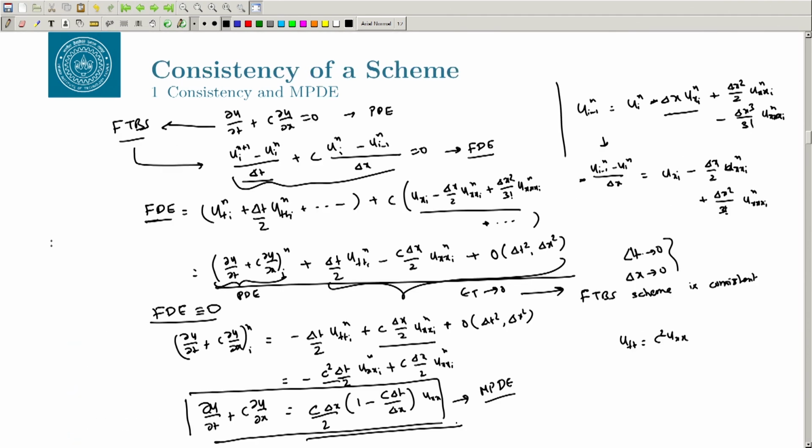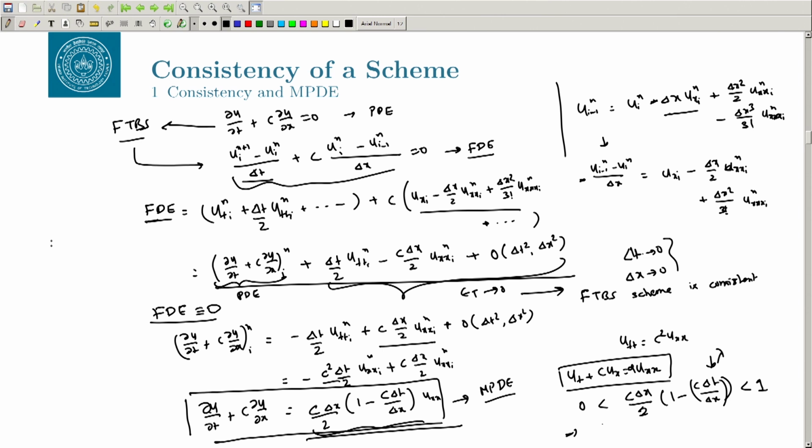So, this is now in the form u_t plus c u_x is equal to alpha u_xx, with alpha multiplied. For this scheme to become stable, your diffusion term should be positive. This means you will have C delta x by 2 times (1 minus C delta T by delta x) positive, and this is nothing but your Courant number lambda.